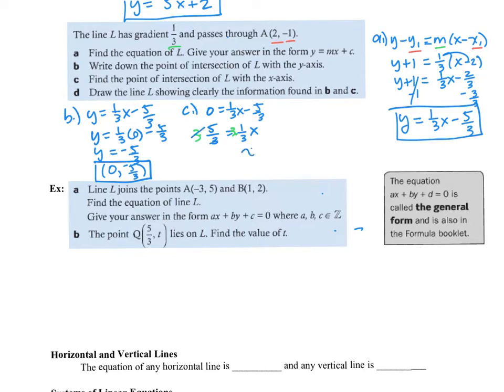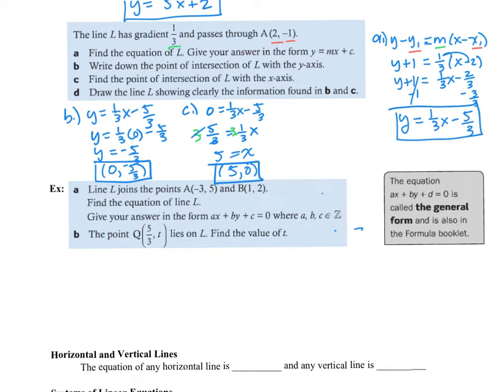So we get x is equal to 5, and then again, the problem said find the point of intersection. So we have found the x value when y is equal to 0, so the coordinates at that point would be (5, 0). Okay?